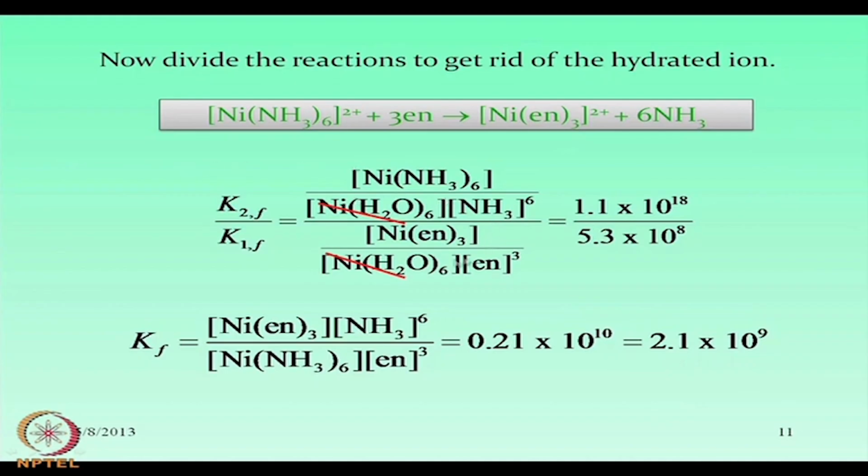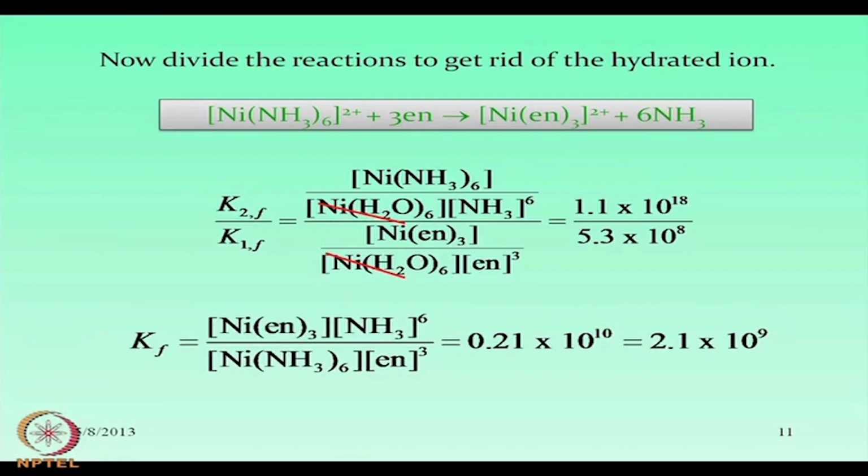So, in case of the formation of tris ethylenediamine starting from the water molecule, that means the aqua complex, or from the amine complex.